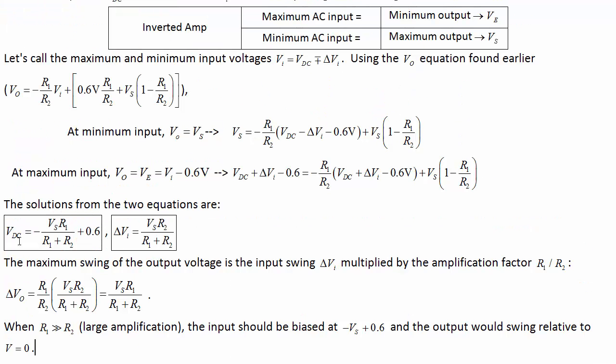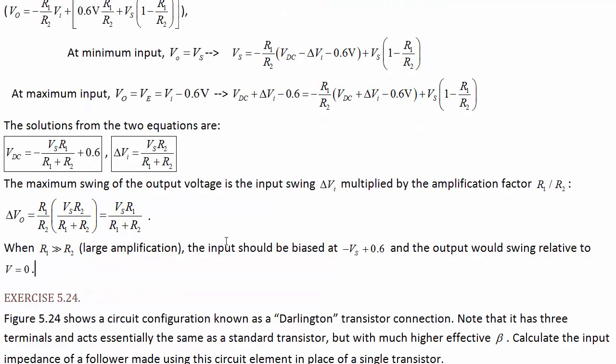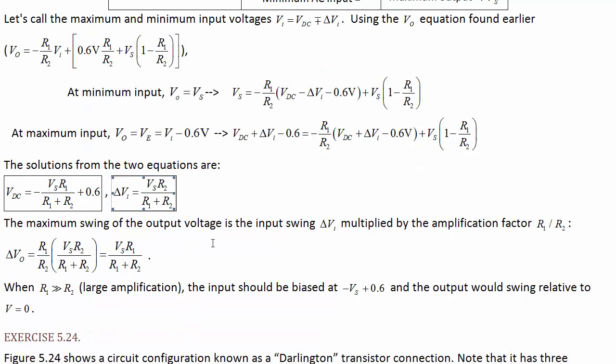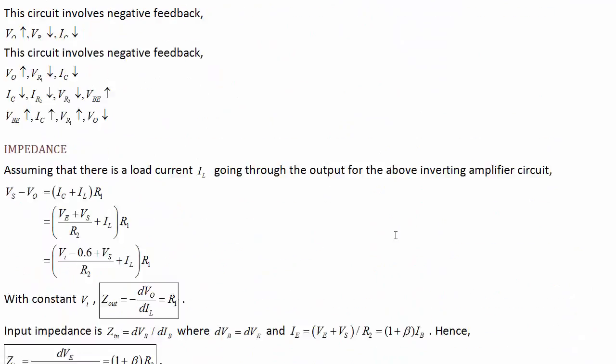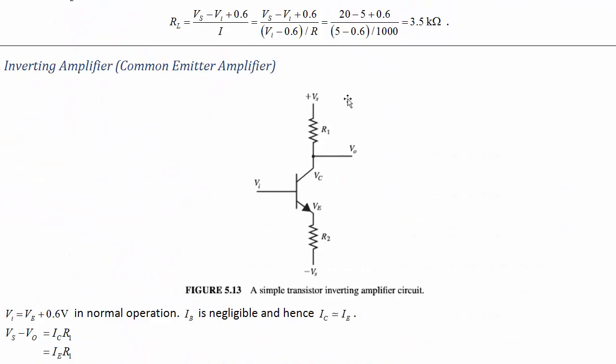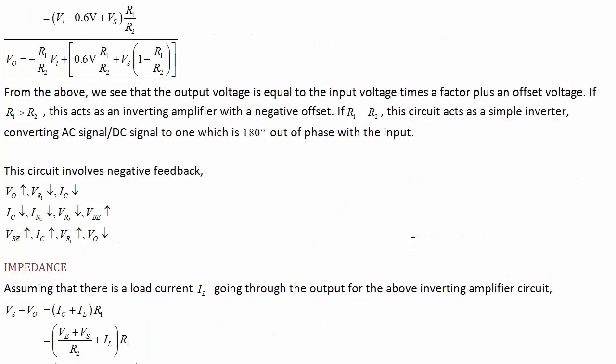So the input bias voltage will end up needing to be negative Vs, and we'll get an output swing equal to just the value of the supply voltage. That's the case where we've got positive Vs at the top and negative Vs at the bottom. We'll do an exercise where we resolve this for the case that's closer to what you do in the lab, where you have 0 volts at the bottom.